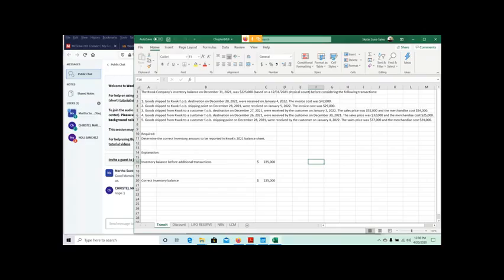So Quark seems to be the buyer. FOB destination means that the title won't transfer until they get it, and they have not received it until January 4th, 2022. So that means the 42,000 should not be included in their inventory. So I guess this is correct, it is okay that it was not included.